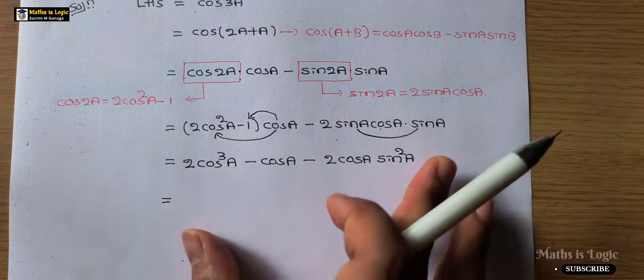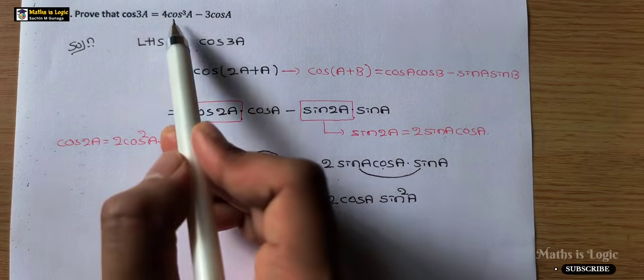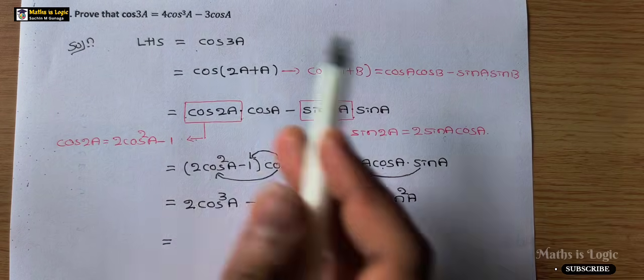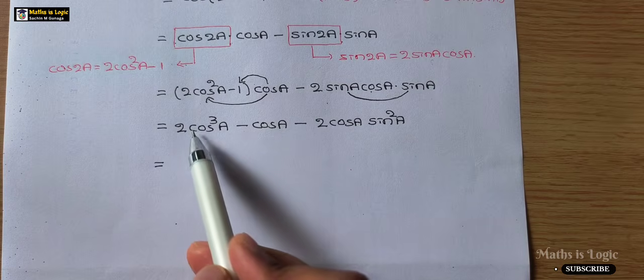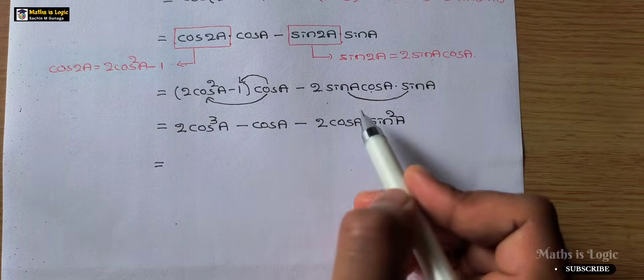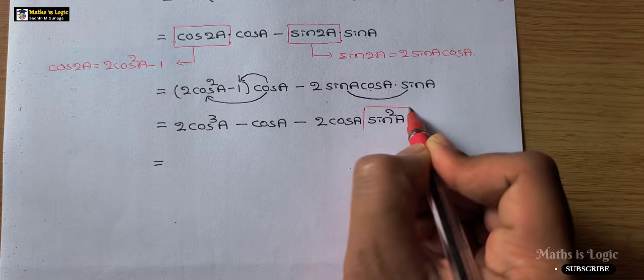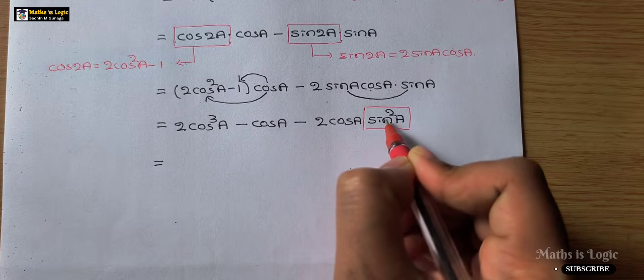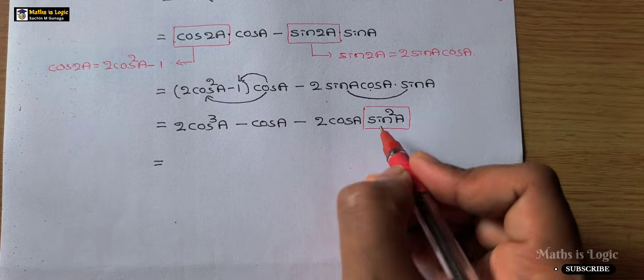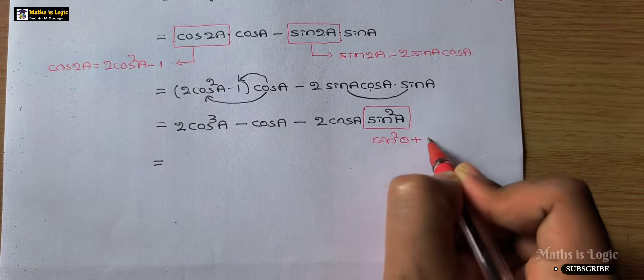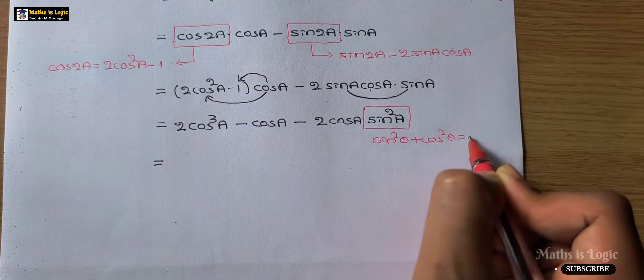See, the answer we need to show is in terms of cos, therefore all we get here is cos, leaving that last one, which is sine square. So now replace this sine square by cos. We know the formula sine square theta plus cos square theta is equal to 1.